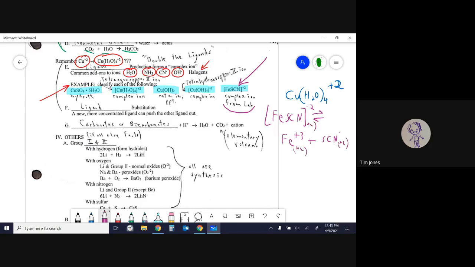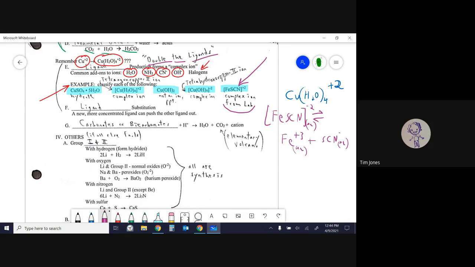And that's the equilibrium system that we study in that lab. You'll notice in this case, I didn't double the ligands. If we followed the double the ligand rule, then it would actually have 6 SCN- stuck onto an Fe+3. We are going to follow the double the ligand rule, but there are cases where that doesn't apply. But we will mainly stick to this double the ligands just for clarity in our class.